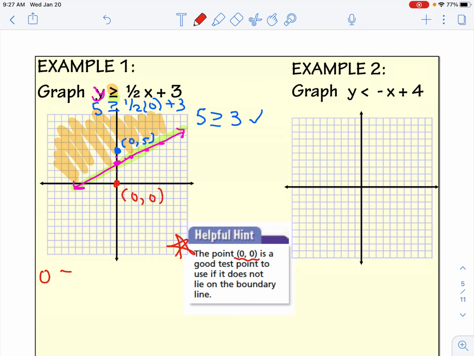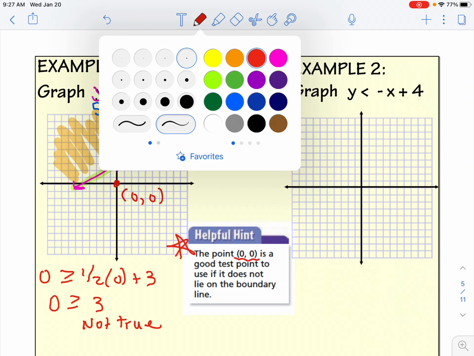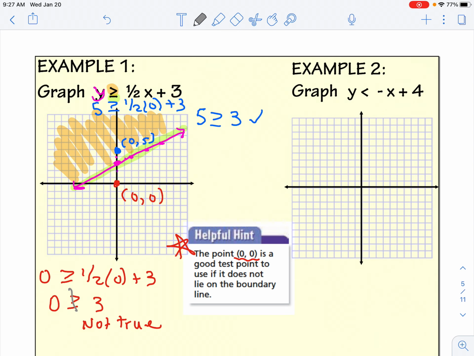So again, if I plug in 0 for y and 0 for x, this time it should not be true because 0 is not greater than 3. So this one is not true. Okay, so that's just some helpful hints about checking your point to see if you've shaded it correctly or not.